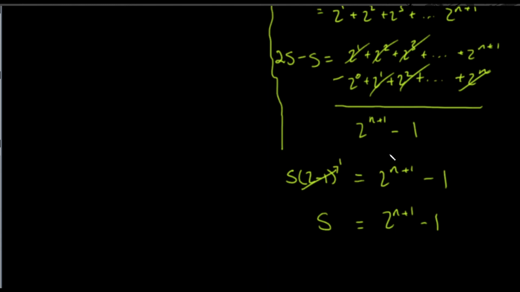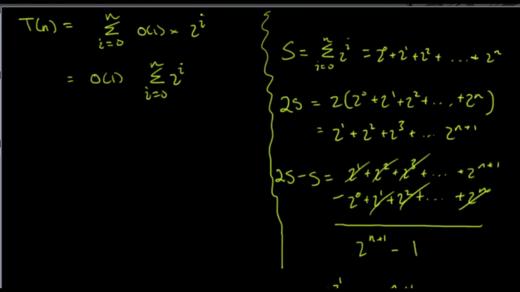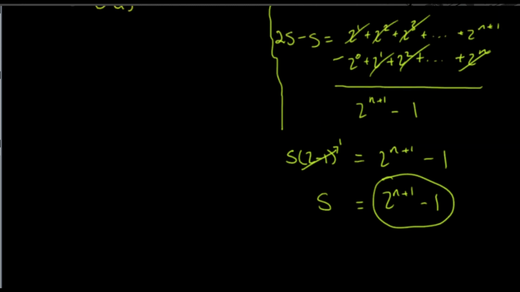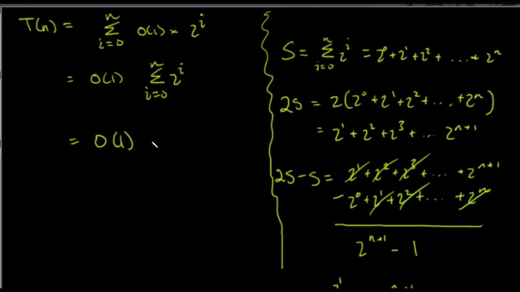So we're just left with that. This summation is just O of 1 times this value right here, 2 to the n plus 1 minus 1.